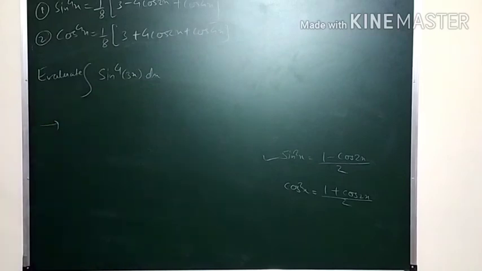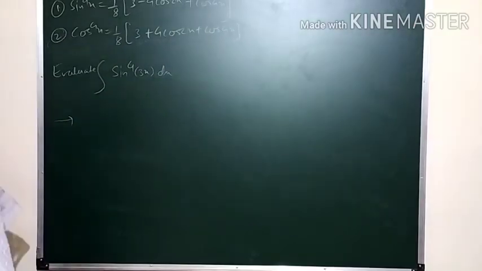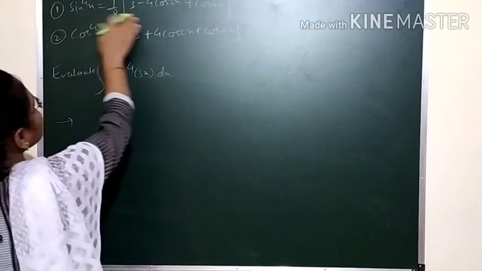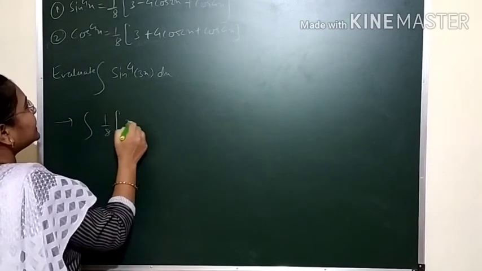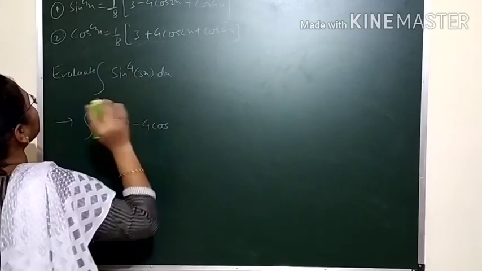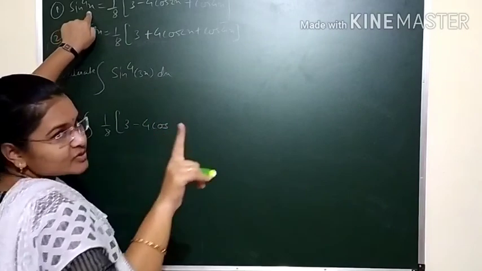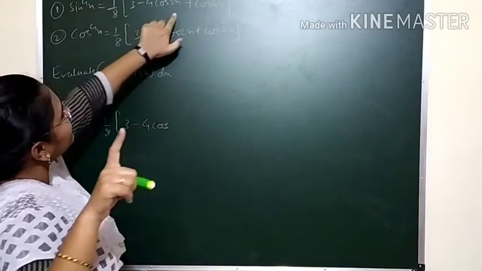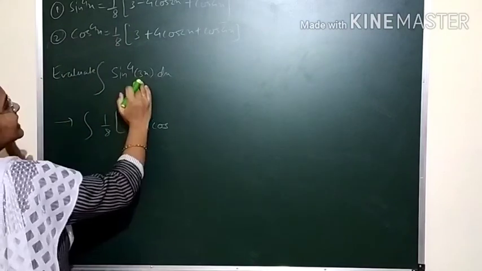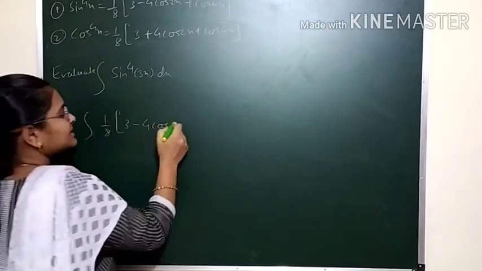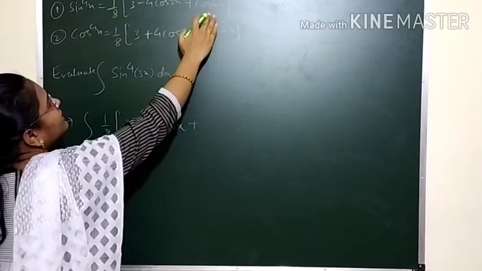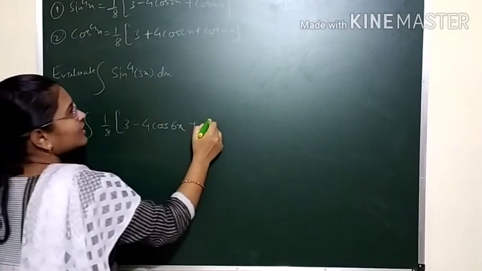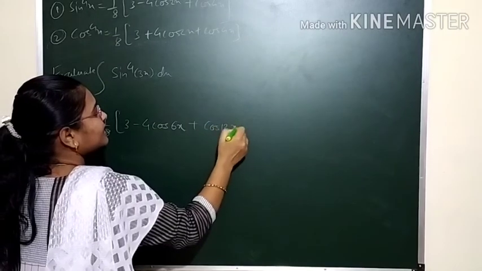Now we'll write this sine raised to 4 of 3x by using this form, which is integration of 1 by 8 into 3 minus 4 cos. Now if only one multiple of x is there, here we are writing double angle. So here 3x is there, so its double will be 6x. Cos 6x plus cos of 4 times the angle, that is 4 3s are 12x, cos of 12x.